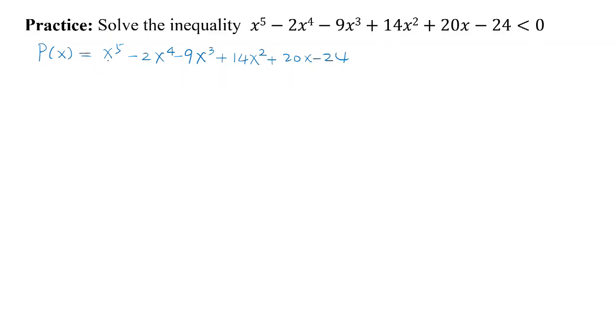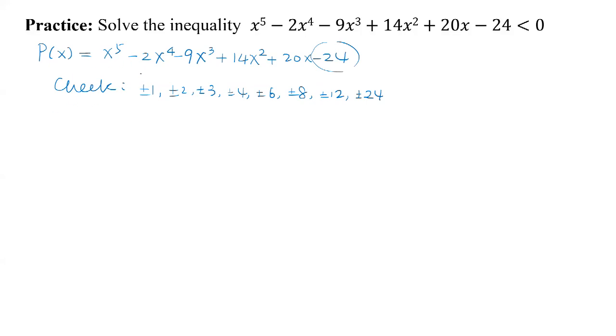And first of all, we want to find its zeros. So note that this is a complex polynomial, so it's better to use the factor theorem, right? All right, by the factor theorem and the integral zero theorem, we need to check all the factors of the constant coefficient, which are positive or negative 1, 2, 3, 4, 6, 8, 12, or 24.